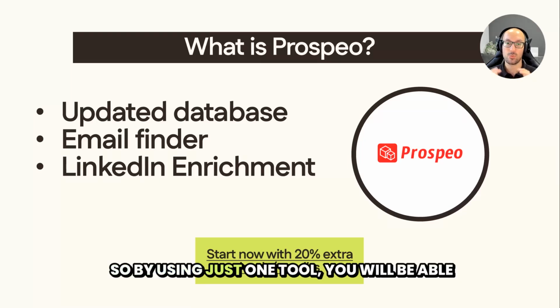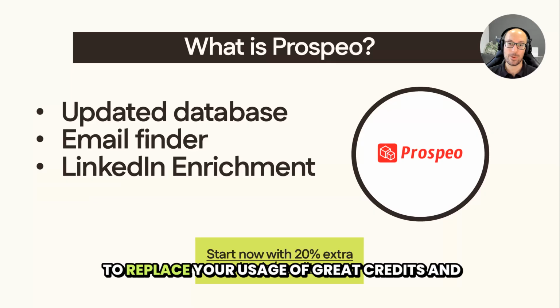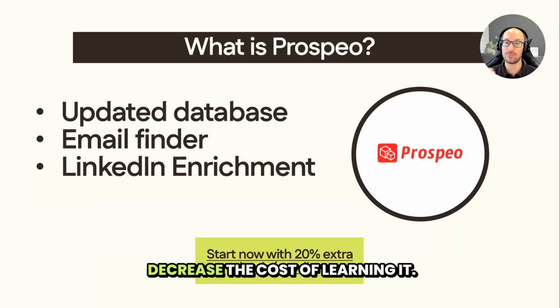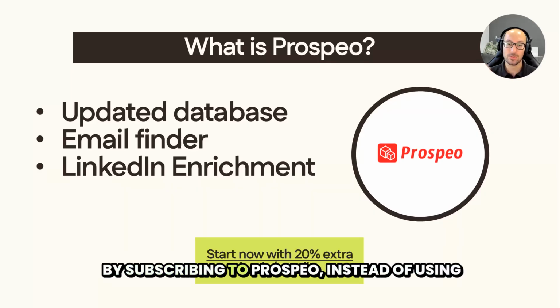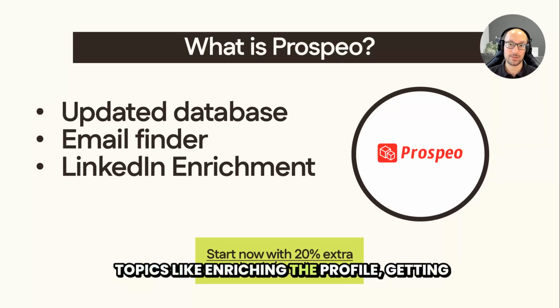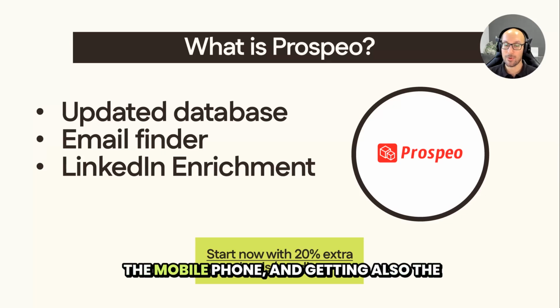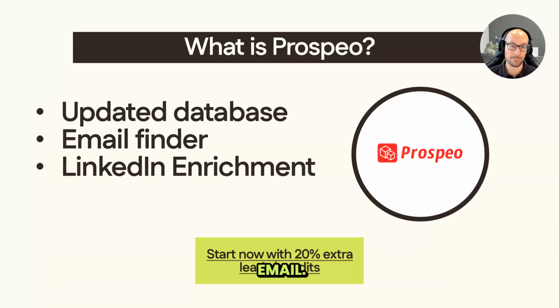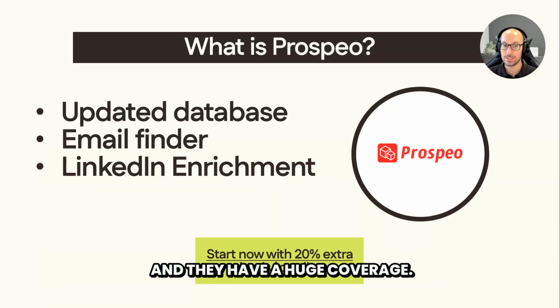So by using just one tool, you will be able to replace your usage of credits and decrease the cost of running it by subscribing to Prospero, and you will cover different topics like enriching the profile, getting the mobile phone, and getting the email. And they have a huge coverage.